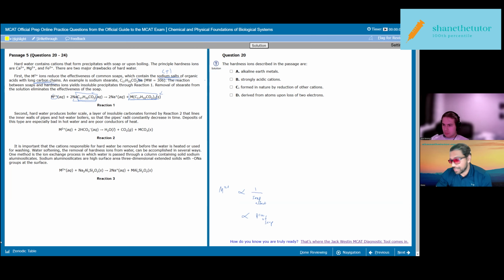So that could just mean it's forming a solid, right? Because if something's soluble, it can mix in with the water. If it's insoluble, it's not going to mix and it'll retain its solid structure. So reaction two lines the inner walls of pipes and hot water boilers. Wait, so are only liquids and aqueous things soluble in water?